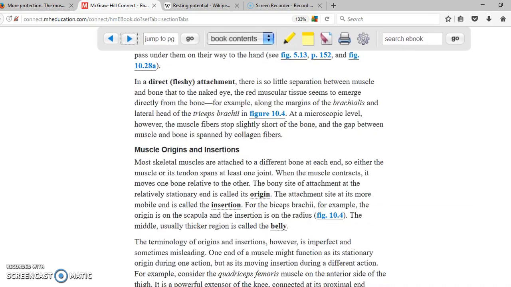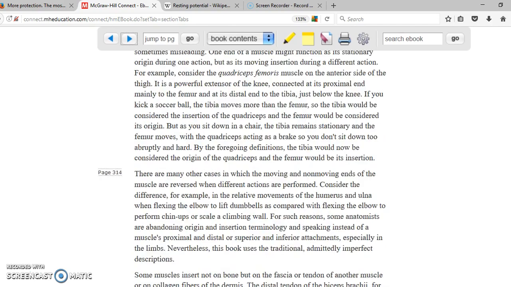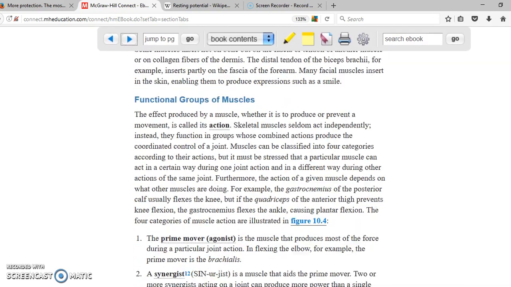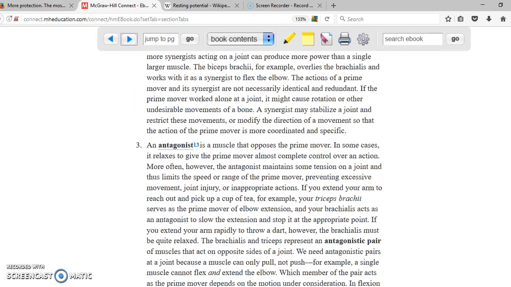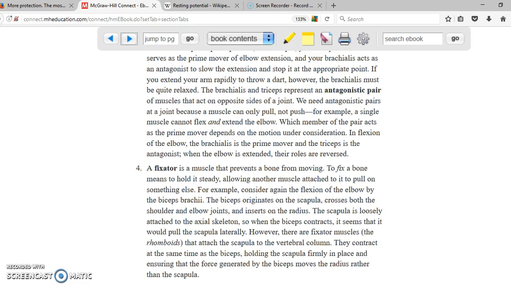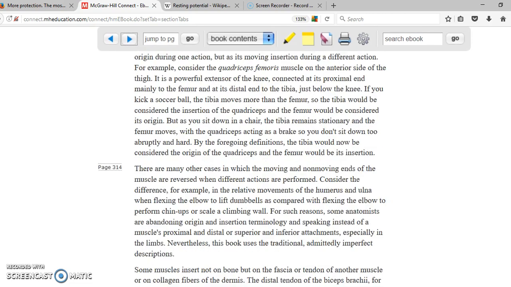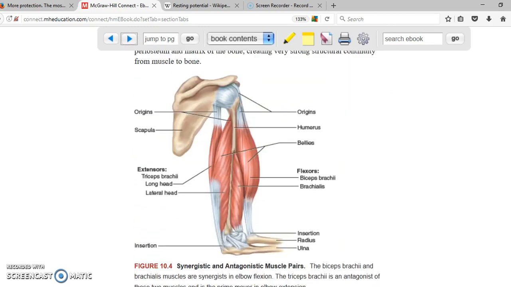And that's basically what we have right here. Insertion and origin, we already talked about it. Functional groups, depending on the action, we said prime mover, synergist, antagonist. I already explained that to you. Fixator is a set of muscles that are going to help you maintain the muscles in place when you are performing a movement. For example, if you contract this muscle and you have 2 points of attachment, then chances are that this can move, but also this one, the origin, would be able to move.